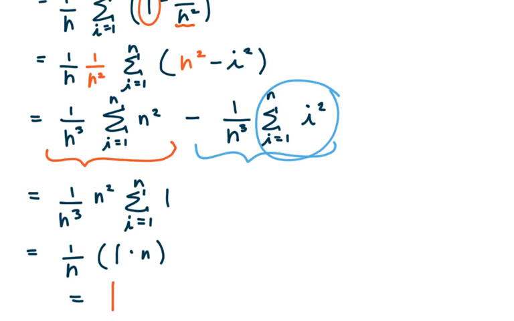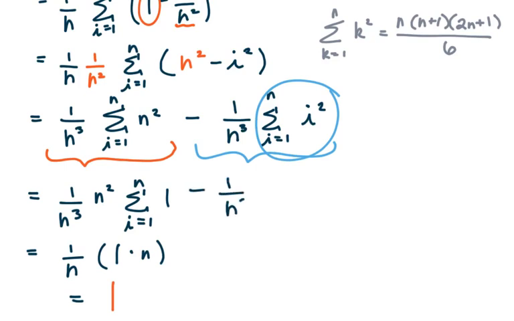We defined that in our previous video, but that formula, the sum from k equals 1 to n of k squared, is n times n plus 1 times 2n plus 1 divided by 6. So this sum can be calculated. That is going to be n plus 1, 2n plus 1 over 6. We know that is true.